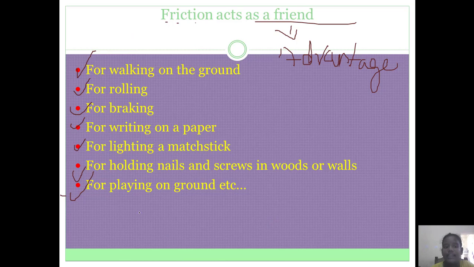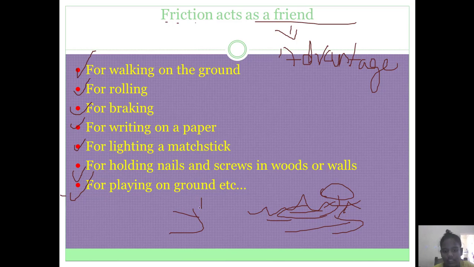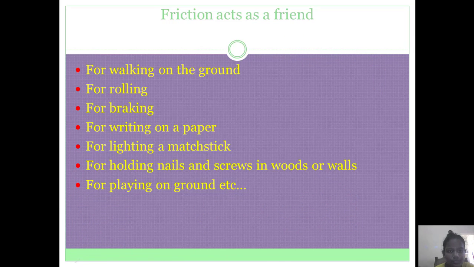When we walk on the ground, that is also due to friction. This is how we walk; in this motion the friction acts. Only when friction opposes our motion can we walk. Next, for rolling, you know there is a friction called rolling friction. Suppose this is a mountain slope.